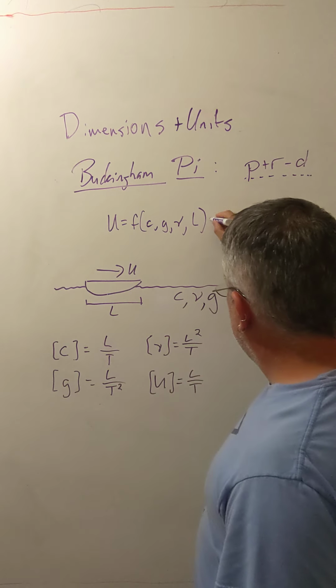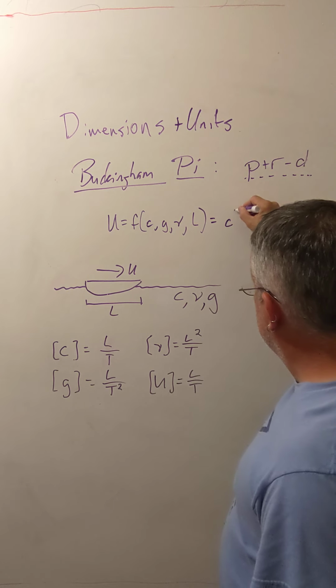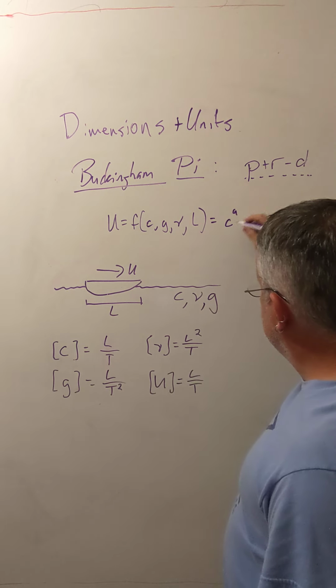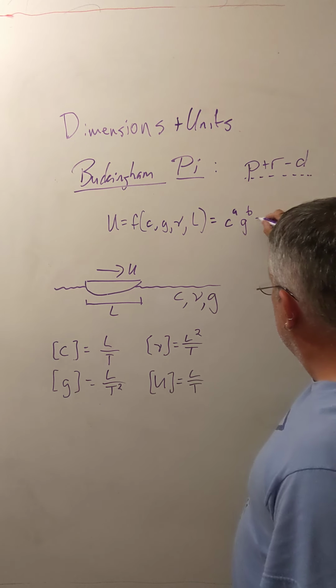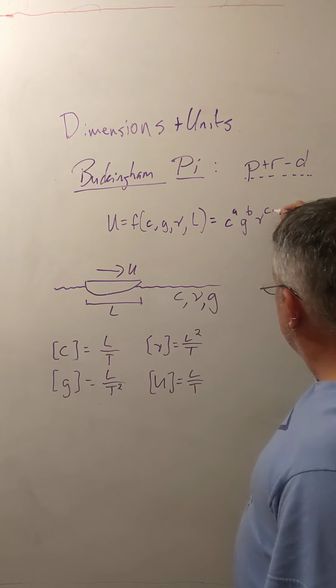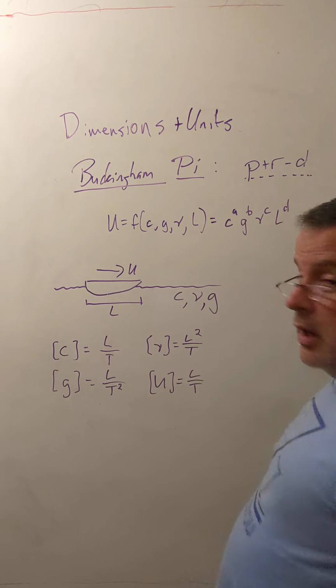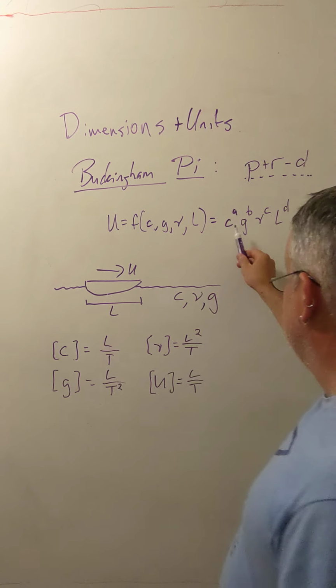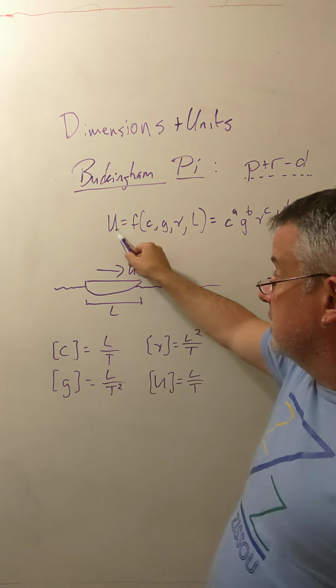We can think of that as something like c to some power times g to some other power times nu to some third power times the length scale to some other power. And the only thing we know is that the dimensions of this thing had better be consistent with the dimensions of this thing.